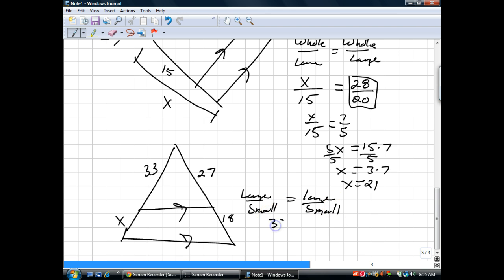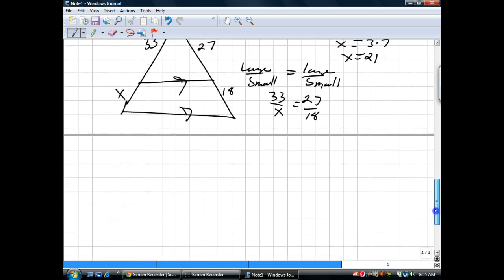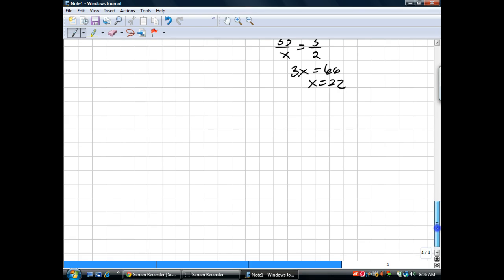So I'm going to do 33 is to x as 27 is to 18. And again I'm going to reduce. So 9 goes into both of those. So I get 3x equals 66, so x equals 22. Okay, so that is two examples of how to use the triangle proportionality theorem.